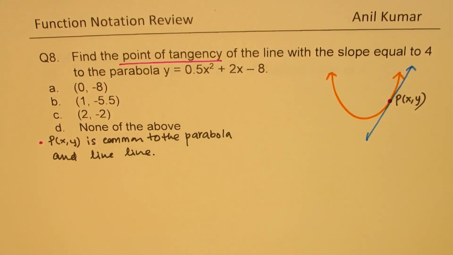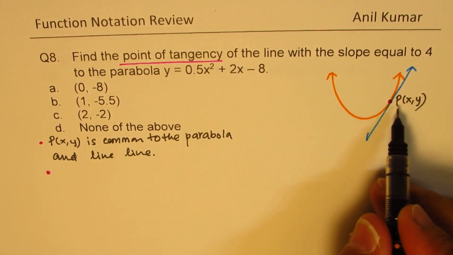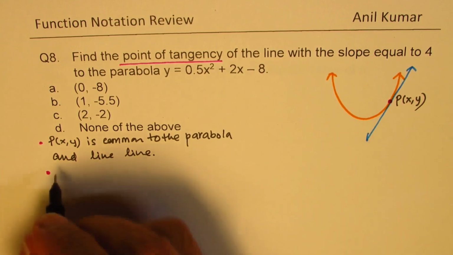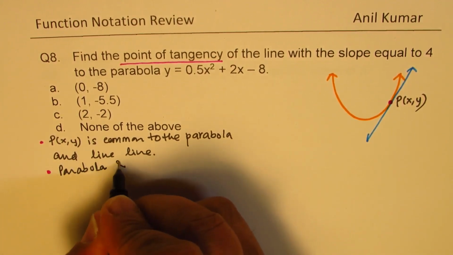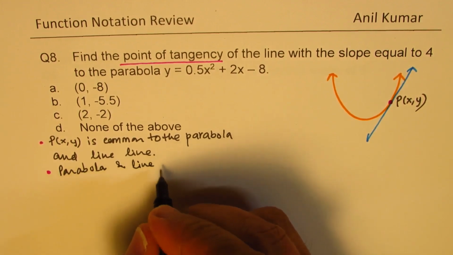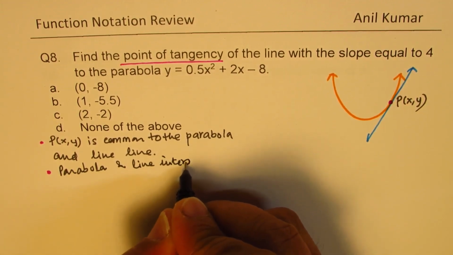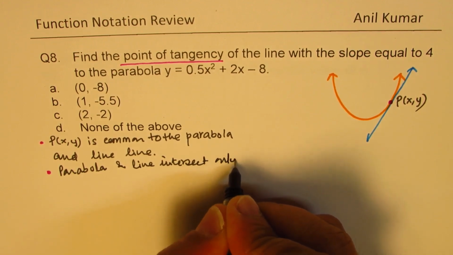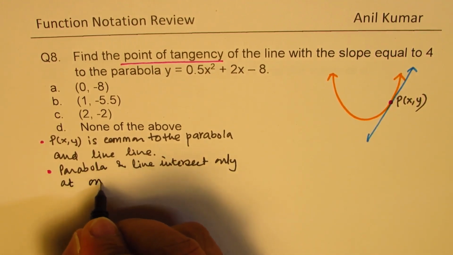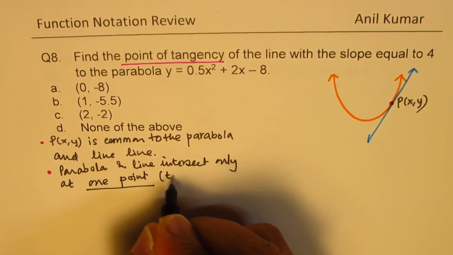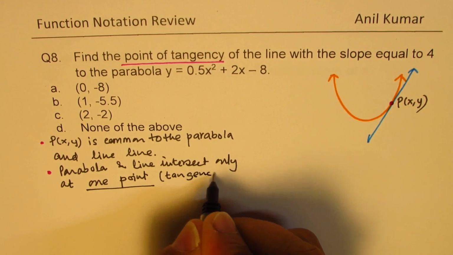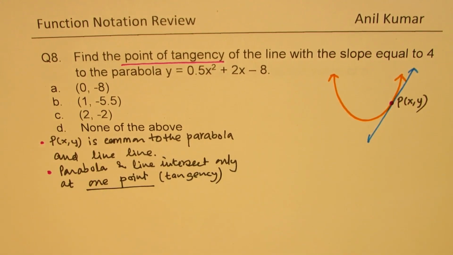Second point is that if you think about a system of equations, the parabola and line intersect only at one point. So that is tangent, right? So that is called the point of tangency.